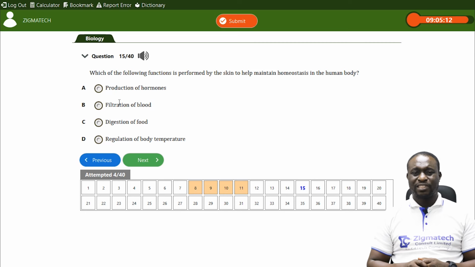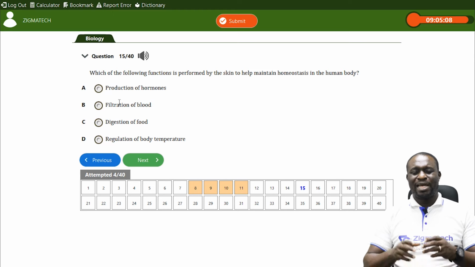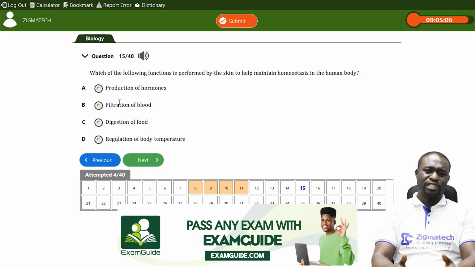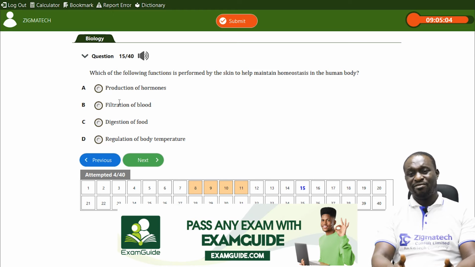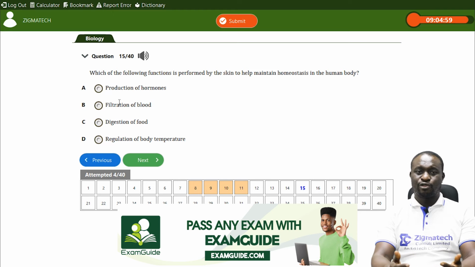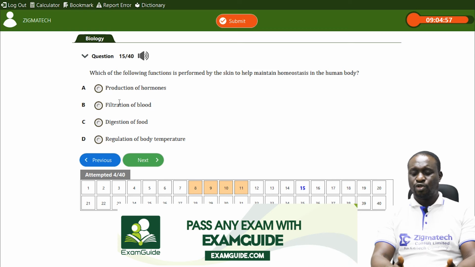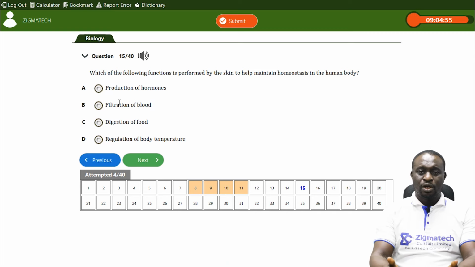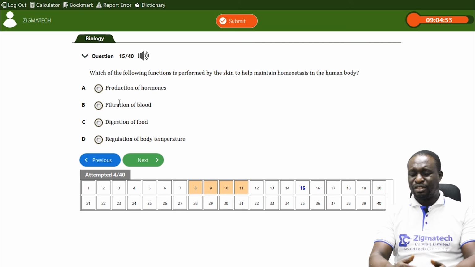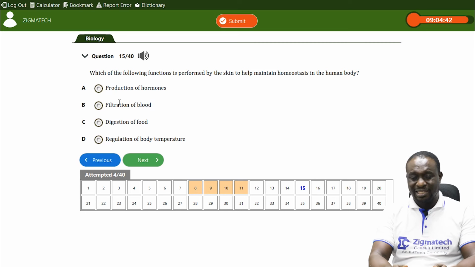There are several things that cause changes in our internal environment. These changes can range from temperature changes to solute changes, salt and water balance, and so on. These changes, if not regulated, can bring about a fatal effect in an organism.